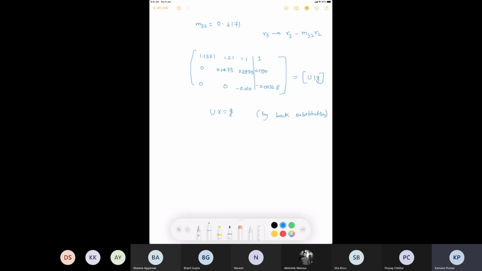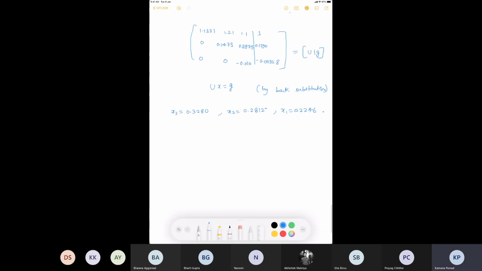And you can verify, you will get the solution as x3 equals 0.3280, x2 as 0.2812, and x1 as 0.2246. Okay. So this is how this method of partial pivoting works.